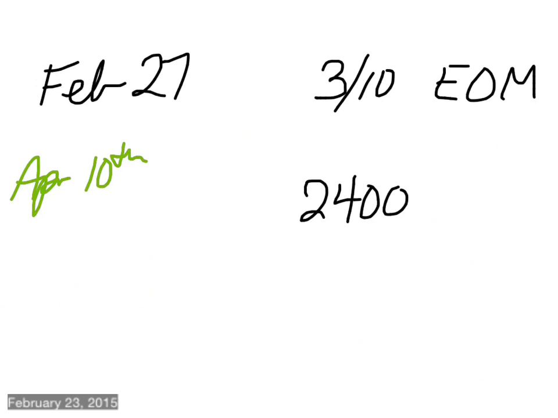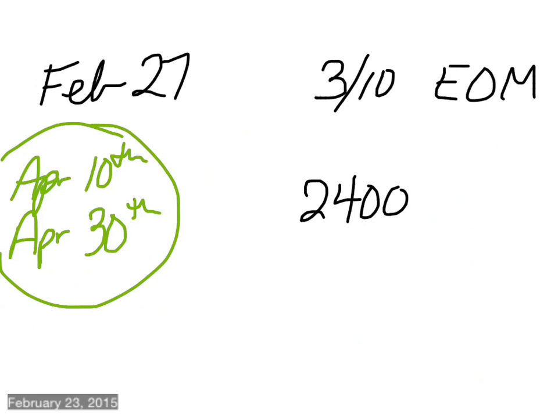When's the last day to pay the invoice? It's 20 days after that. What's 20 days after the 10th? 30th. Okay? So April 10th was the last day for the discount and the 30th was the last day to pay the invoice.